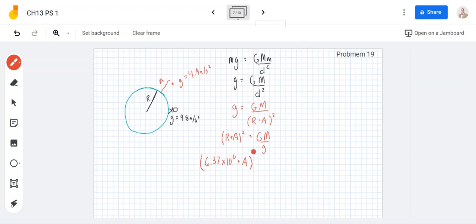Now we're going to have to square this whole thing. And then again, our G value, 6.67 times 10 to the negative 11, the mass of the Earth is, and they want this to be 4.9.